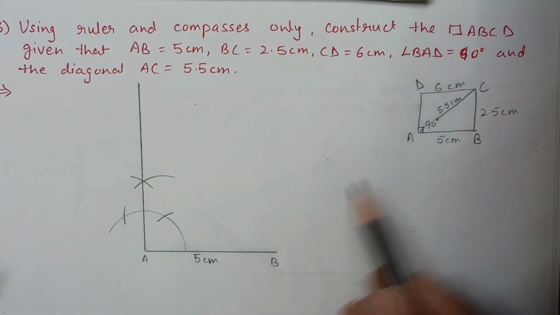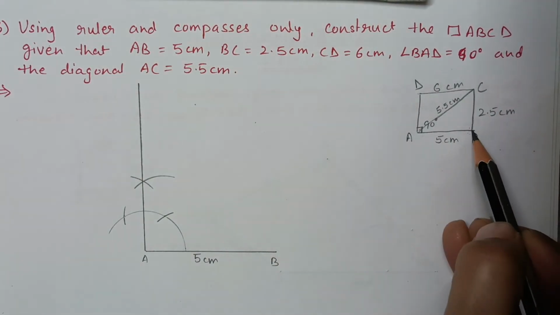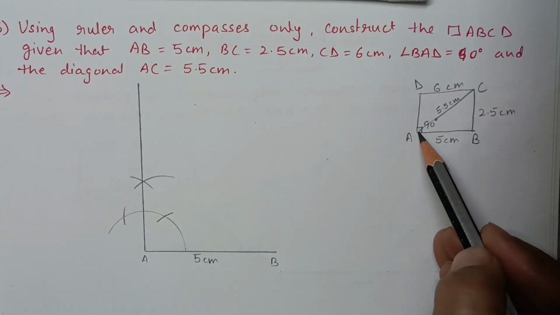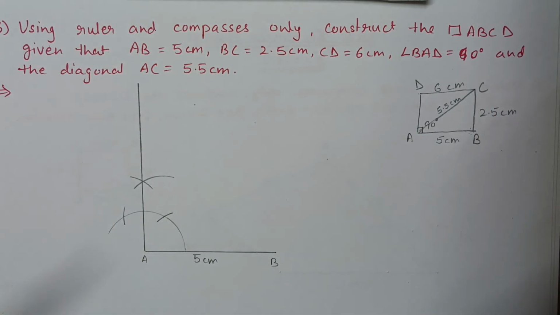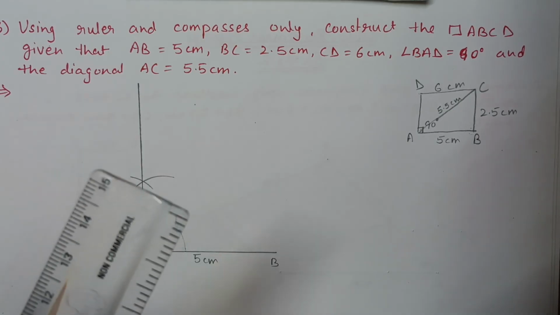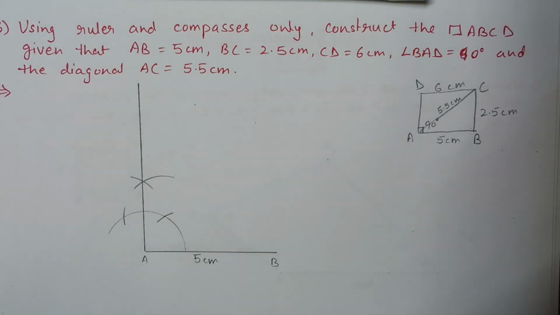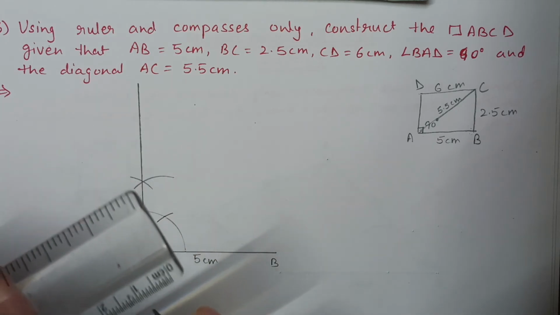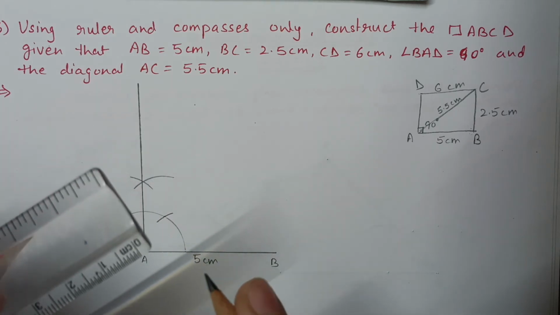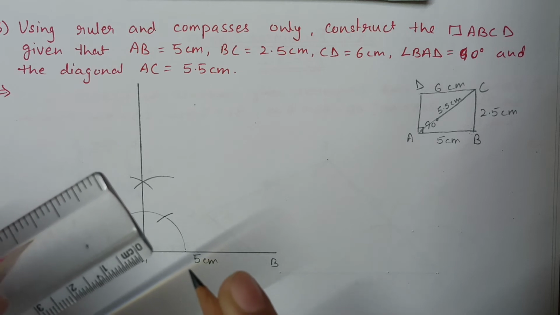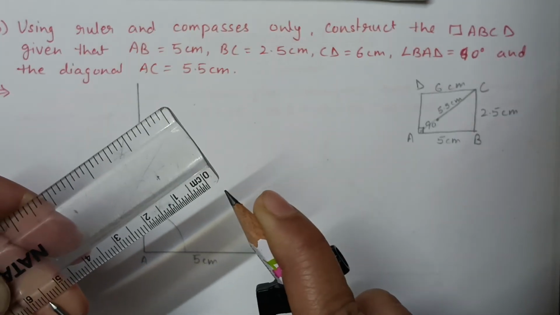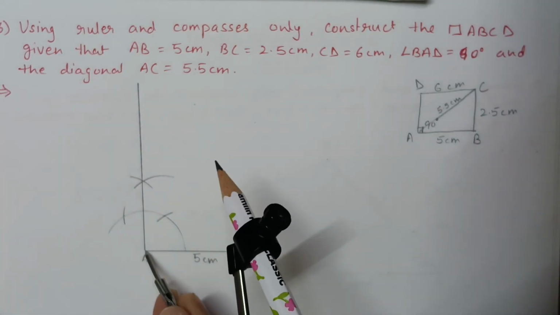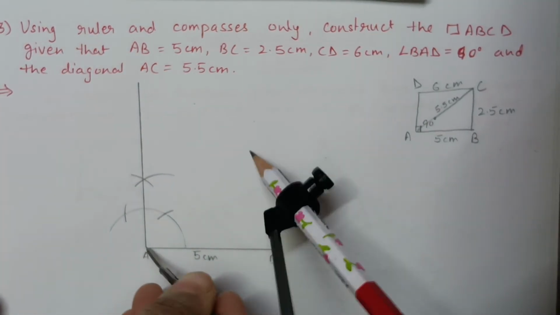Next, to find out this point C, from B we have to put a 2.5 centimeter arc, and from A we have to put a 5.5 centimeter arc. So first of all we'll take 5.5 centimeter in the compass, and from A put one big arc.